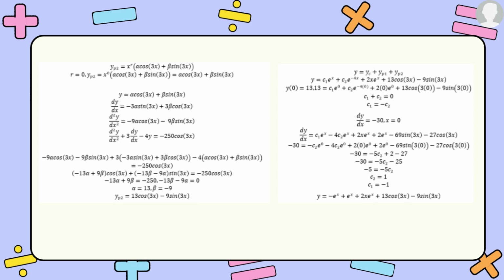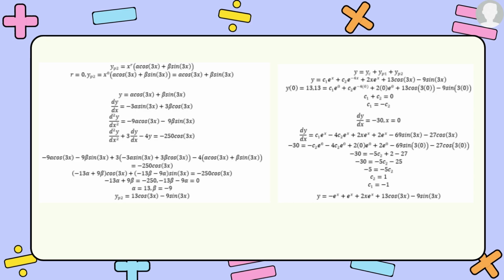Then we rearrange it and we will get negative 13 alpha plus 9 beta equals negative 250, and negative 13 beta minus 9 alpha equals 0.